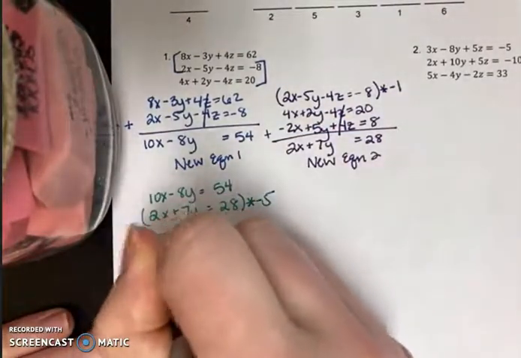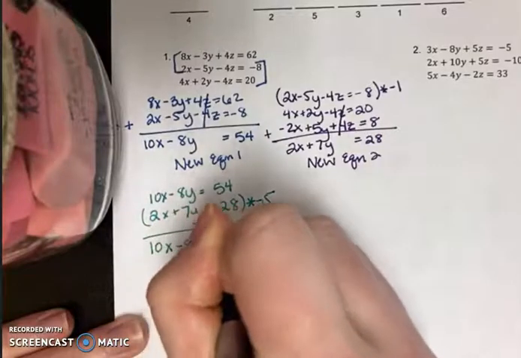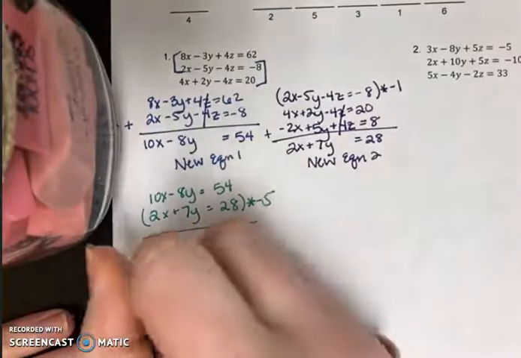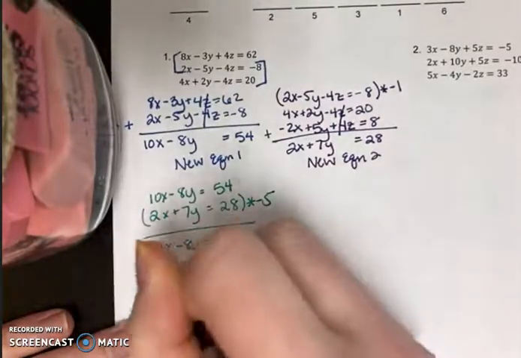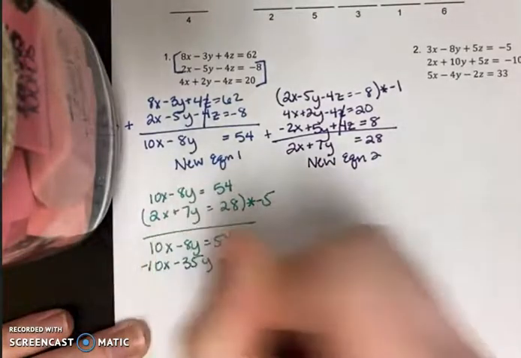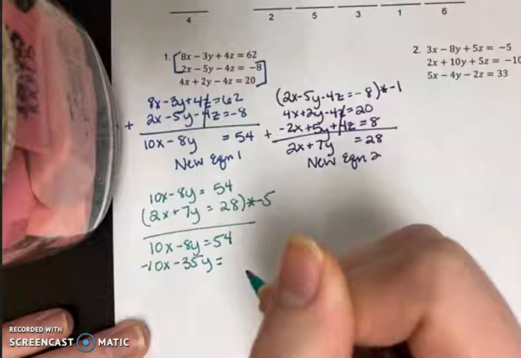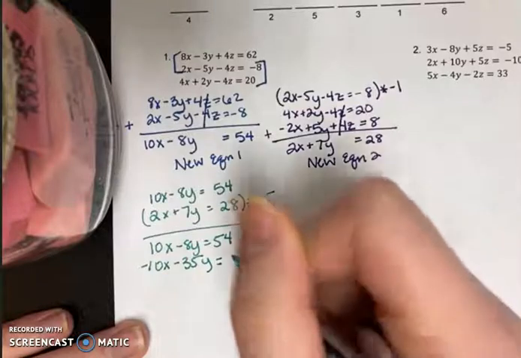That gives me 10x minus 8y equals 54, so I just rewrote the first equation, and now I multiply the second by negative 5. So negative 10x minus 35y equals negative 140.